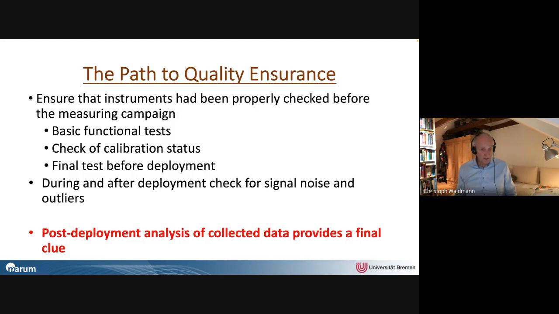We do a final test before the actual deployment. And if possible, we also do some checks, for instance for signal noise and outliers, during or immediately after the deployment. What I would like to focus on is what is underlined here in red, the post-deployment analysis of collected data, because from there one gets the final clue to judge the quality, whether the data that we are collecting are okay or not.